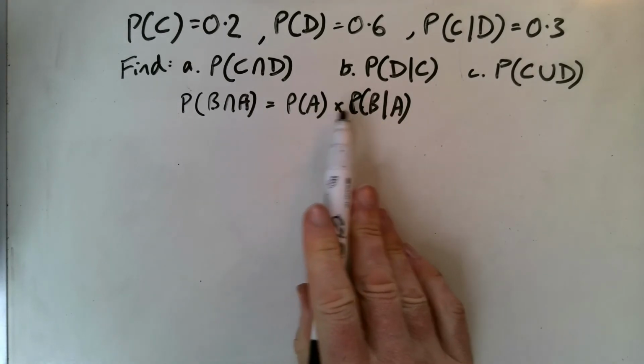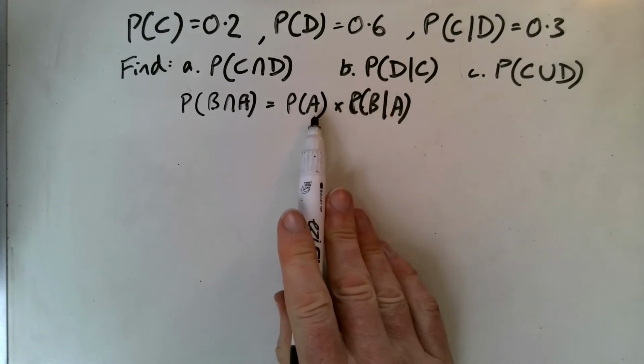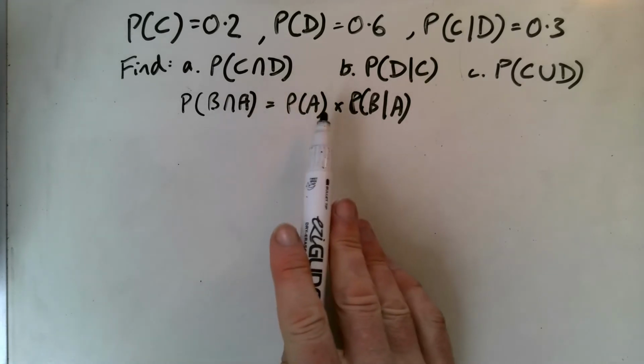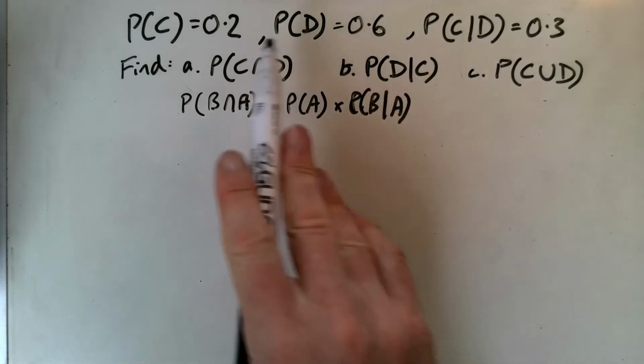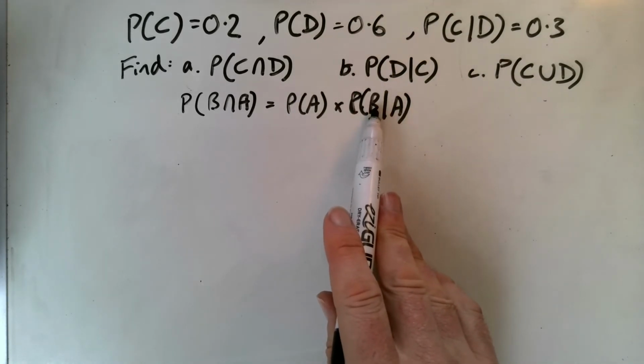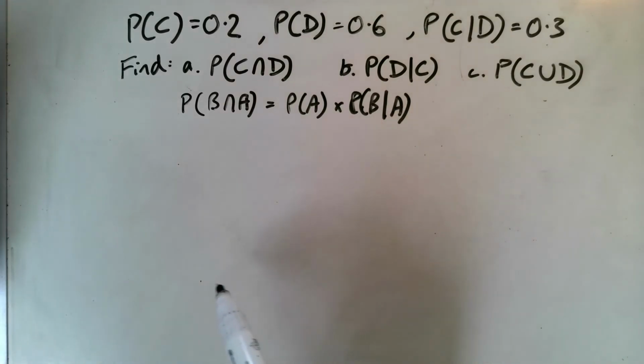We've got the A involved both times. You've got to have the probability that you're using be the one that you're given.